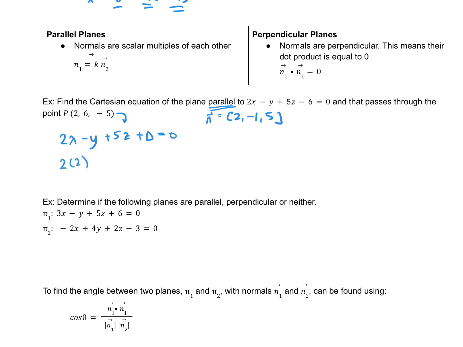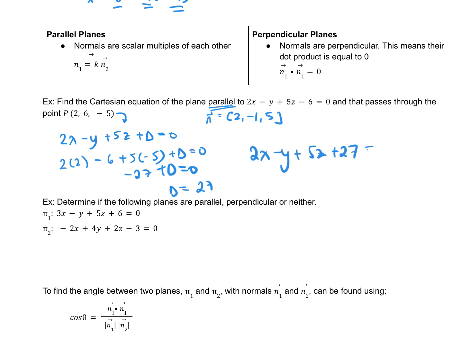So 2 times 2 minus 6 plus 5 times -5 plus d equals 0. So we have 4 minus 6 minus 25 plus d, which is -27. Bring that over, we get positive 27. So here's our parallel plane passing through that specific point.